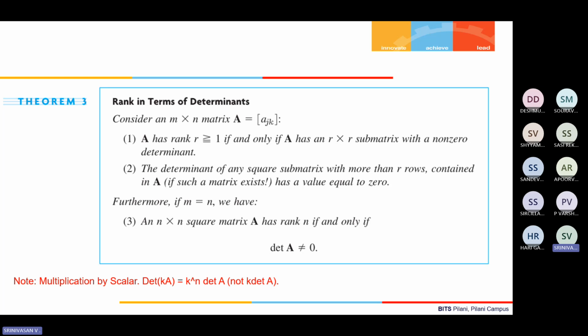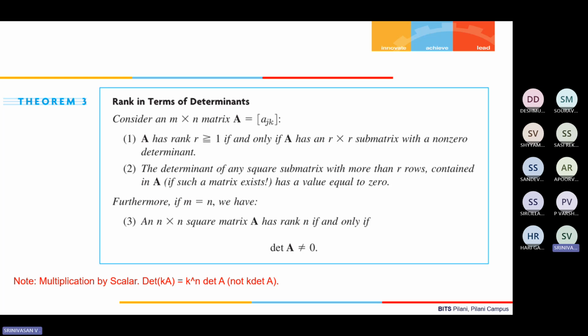So what does this imply immediately? This implies that R of A is not equal to 3, so it is less than 3.